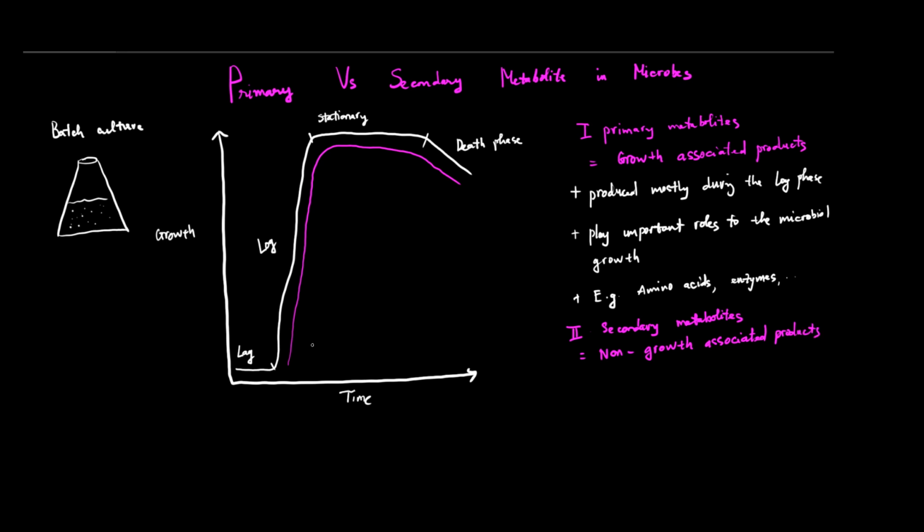Different from primary metabolites, secondary metabolites are mostly produced during the stationary phase of the culture. So it should look something like this. Right? So this is a secondary metabolite.